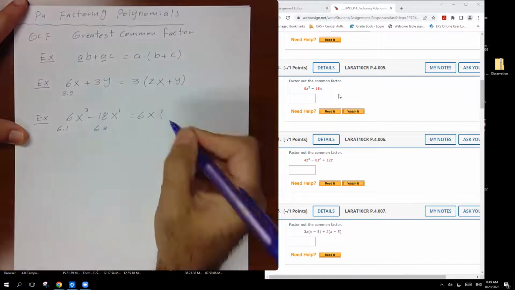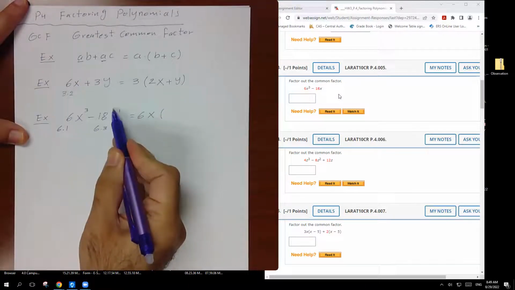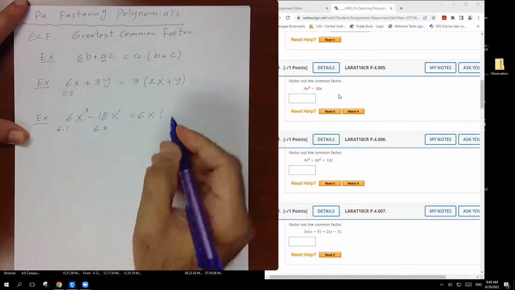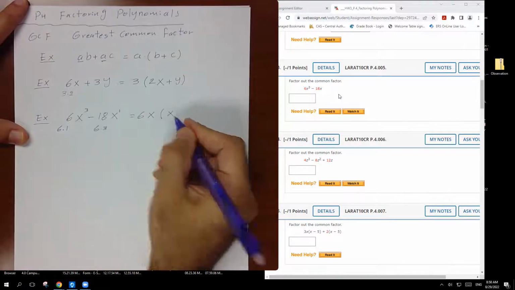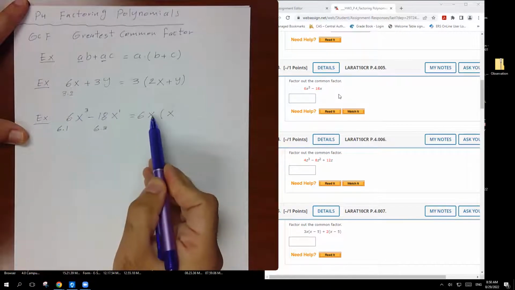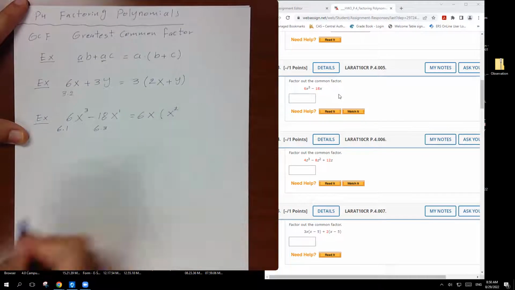Now this is the common factor between this term and this one. Next step, if you take the 6 out, what's left here is just x, but 3 x's here. I'm going to cancel 1x. The left is 2 x's.